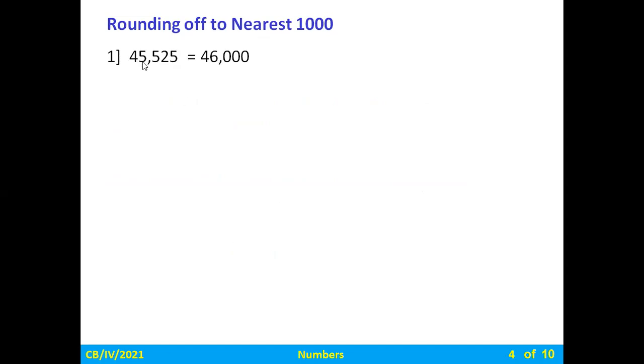So we have to deal with 5,525. As in tens we first checked the ones digit, and in hundreds we checked the tens place digit, here we are dealing with thousands place, so we first have to check the hundreds place digit.